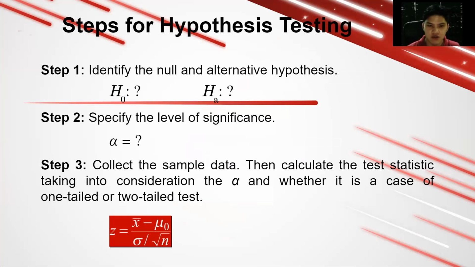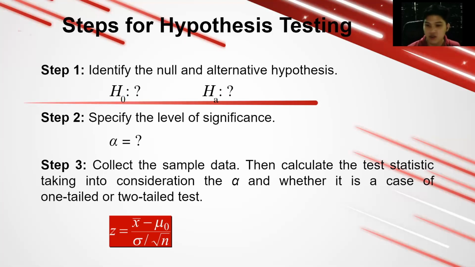It's usually difficult to identify which is the null hypothesis and which is the alternative. Sometimes, in different scenarios, it's easier to identify the null hypothesis rather than the alternative, and in some scenarios, the alternative hypothesis is a lot easier to identify than the null. So it really takes a lot of practice.